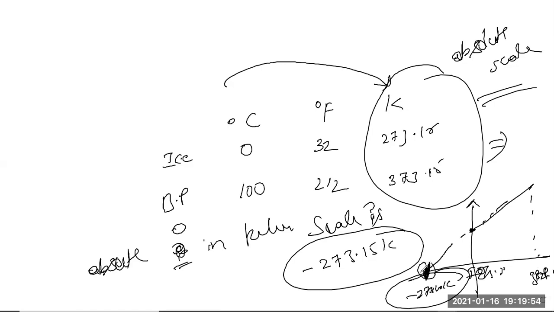Okay, this is the point where absolute zero means everything will freeze. Nothing will move inside the object, it will be at rest. Each and every particle will be at rest. In general, at a particular temperature, no particle is at rest. It moves randomly, but that movement you cannot observe with the eyes.